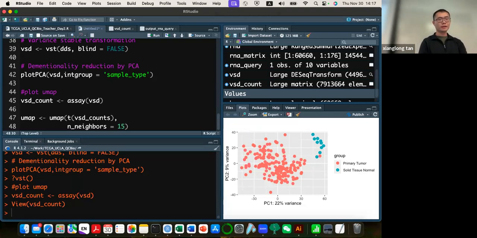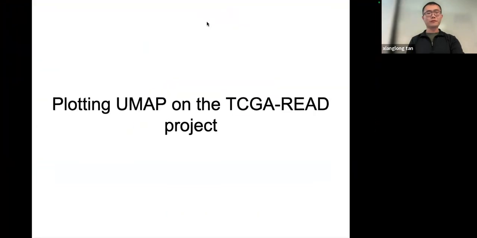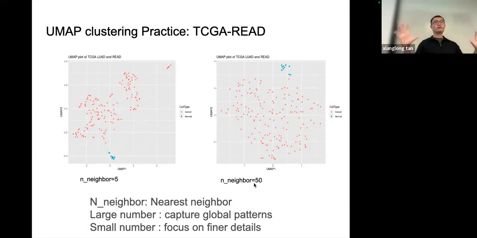This one is kind of important, because let me show you an example of the results if we choose different parameters. A smaller number reflects a finer scale of our clustering, while a large number gives a more global view of the clustering.